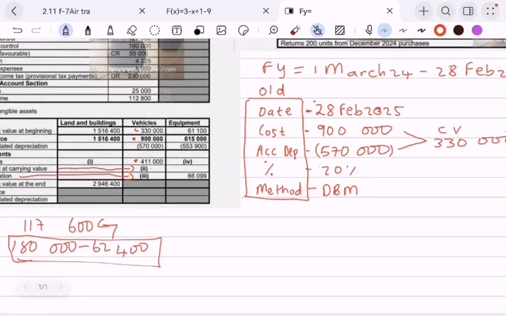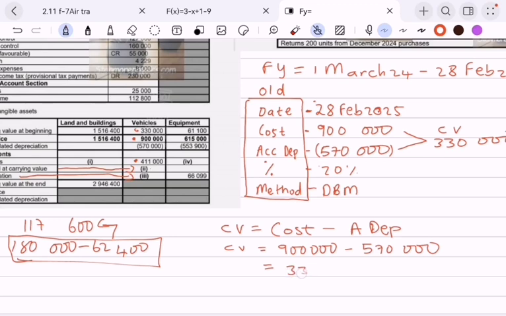Beautiful. So now let us begin to work. So you know the first procedure. Determine your carrying value by saying your cost minus your accumulated depreciation. So your carrying value, of course, is going to be 900,000 minus 570,000. Then in an instant, we would get 330,000.